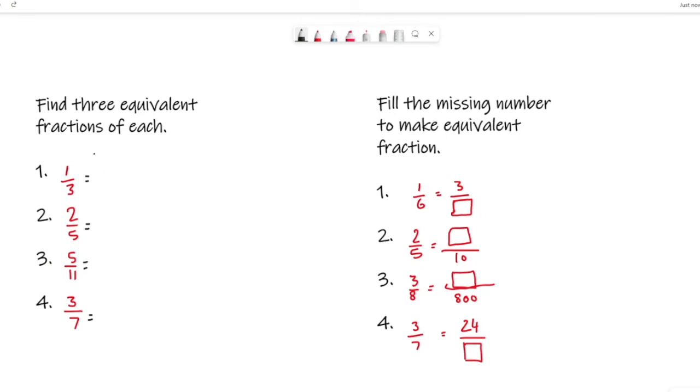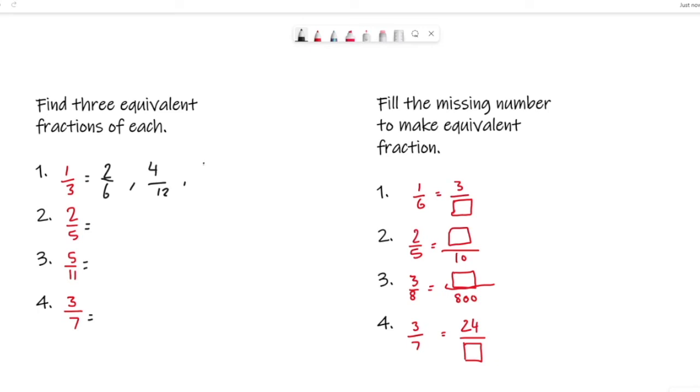So here we have to find 3 equivalent fractions of each. As you know, we have to multiply them by the same number. So let's multiply this one by 2 and 2. 2 times 1 will be 2, and 2 times 3 will be 6. Let's multiply it by 4. 4 times 1 will be 4. 4 times 3 is 12.